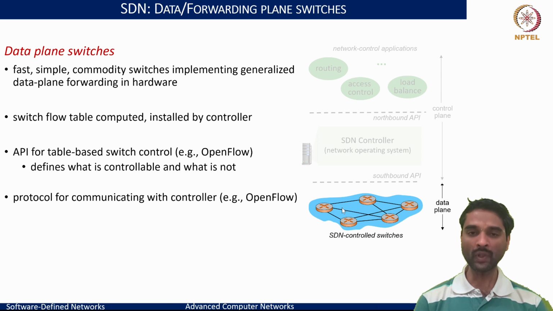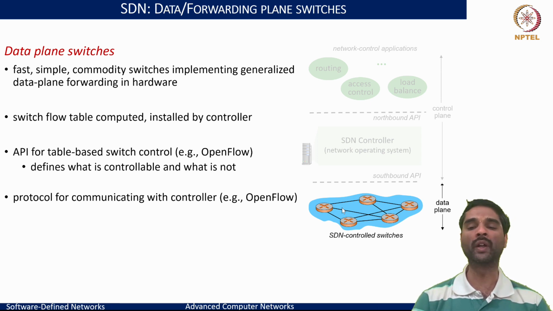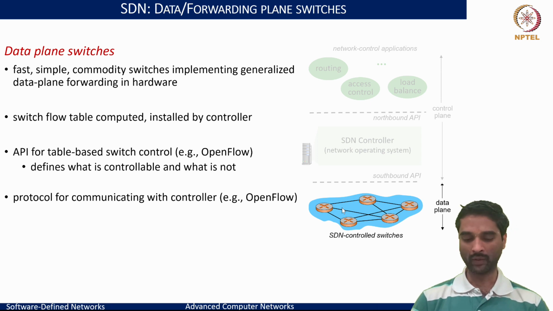And these flow tables would be computed by the SDN controller above, and it would then inject these flow rules into the tables of each of these network elements through the use of a southbound API, OpenFlow being one of them, but not necessarily just OpenFlow. It could be any other API as such. And this dictates how the SDN controller would then be able to communicate, and the protocol that facilitates this is what we are going to learn, the OpenFlow APIs.